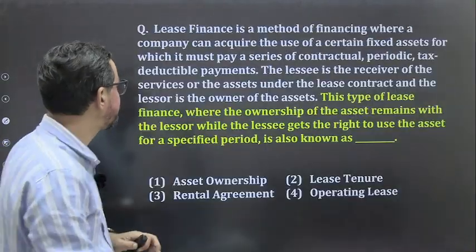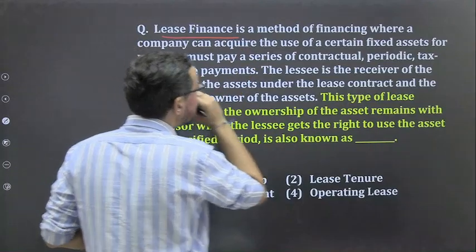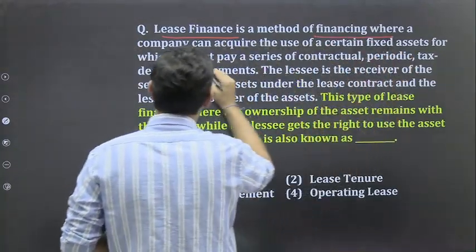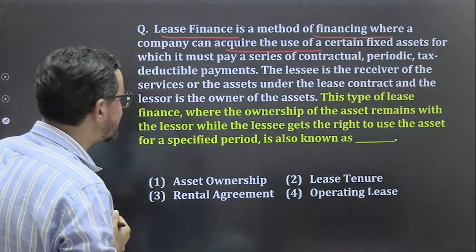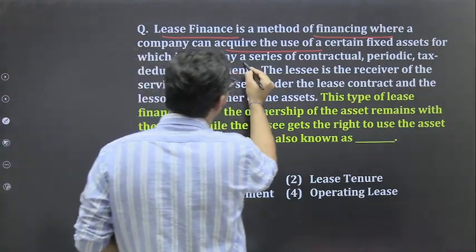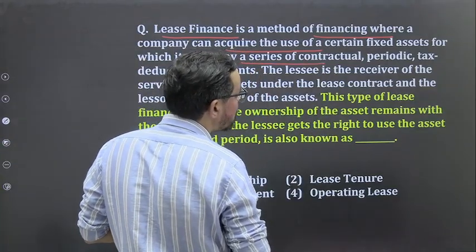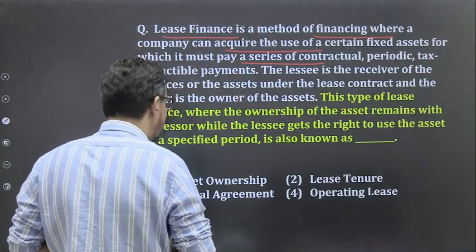Okay, next one. Lease finance is a method of financing where a company can acquire the use of certain fixed assets for which it must pay a series of contractual periodic tax deductible payments.